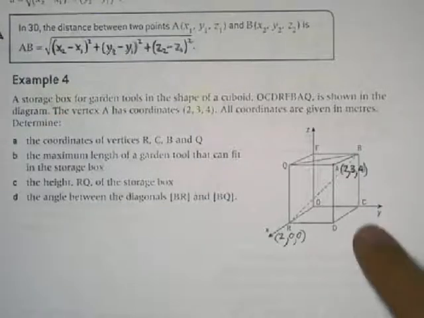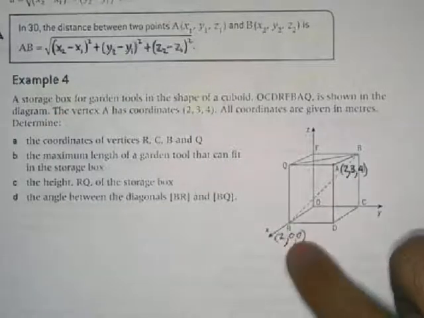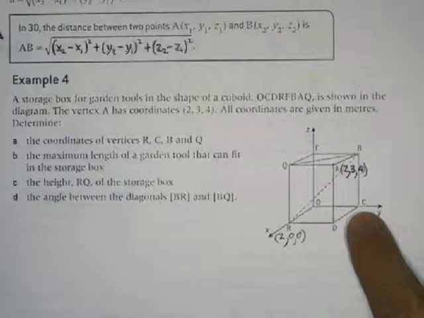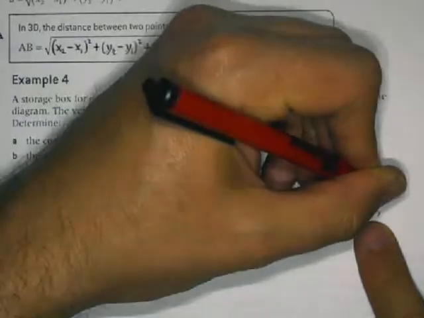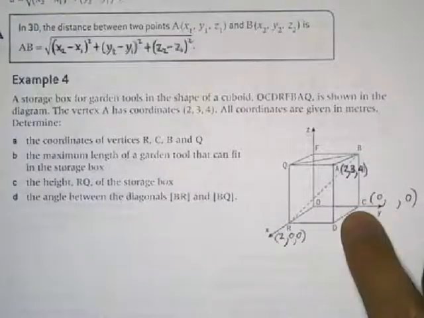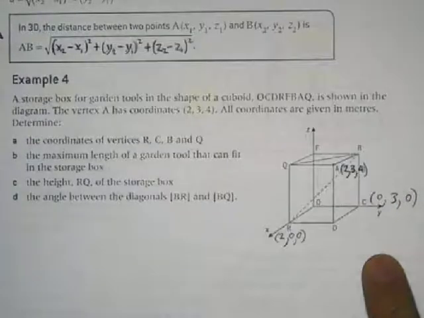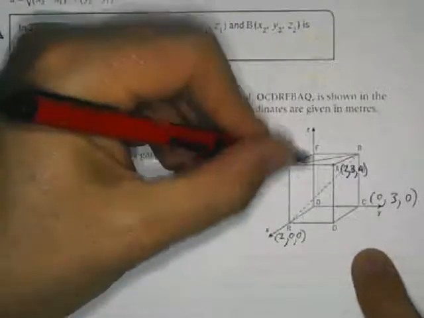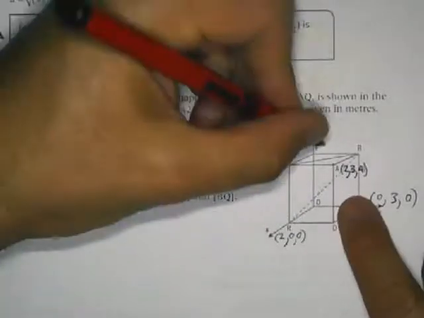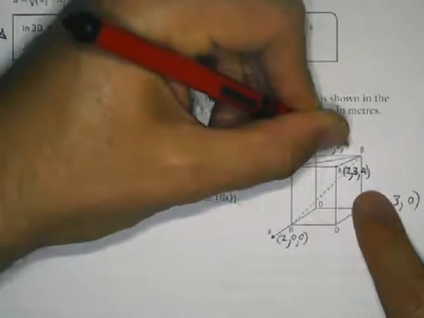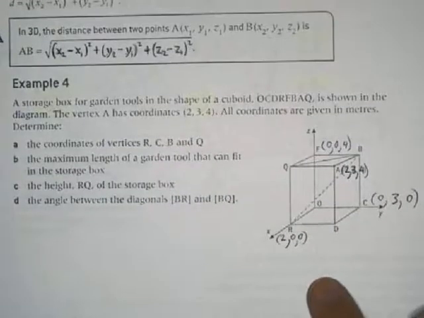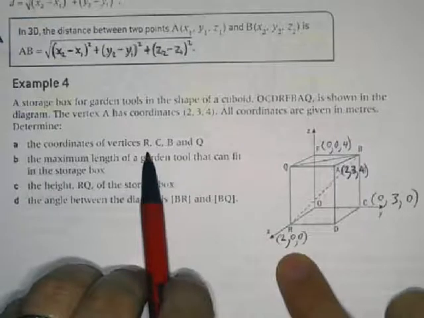So we've only gone in the x direction 2. To C, we've only gone in the y direction, so this is 0, something, 0, and in the y direction we've gone 3. And then point F, we've only gone in the z direction, so for point F it's 0, 0, and then we go 4.